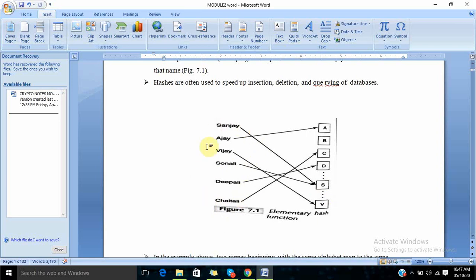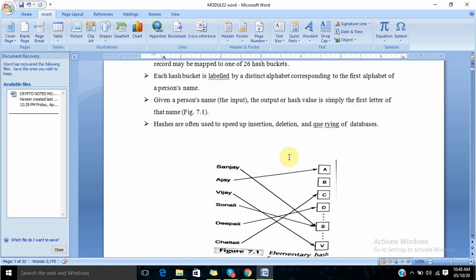Let's see how we map here. For example, we map using the first letter of each word. Sanjay and Sonali both start with S, and with both names we are mapping to S. That mapping is done through a hash function. So this is all about hashing.